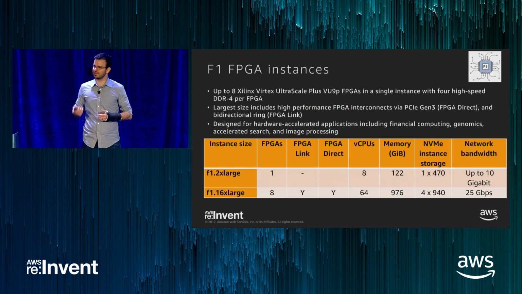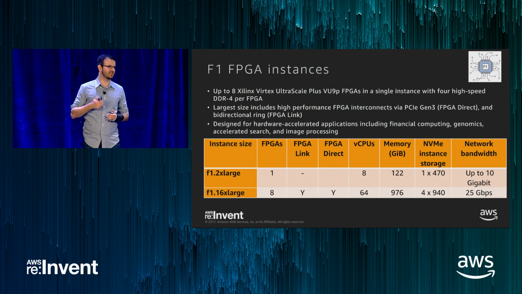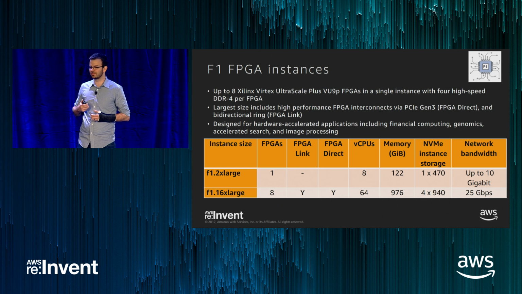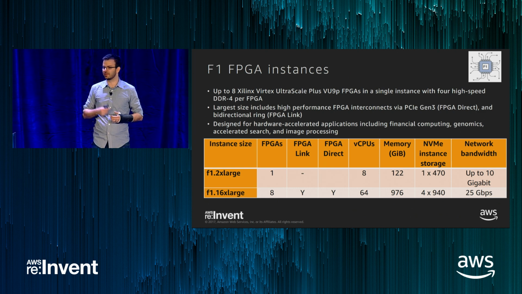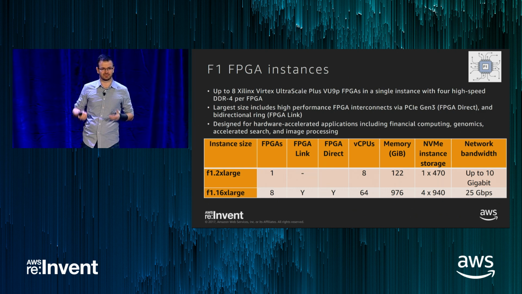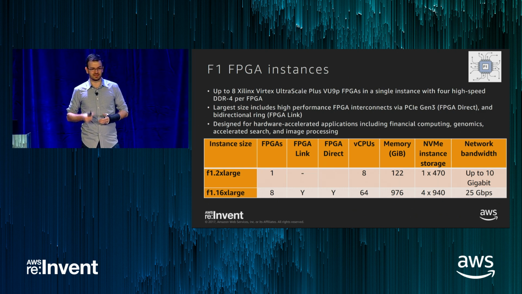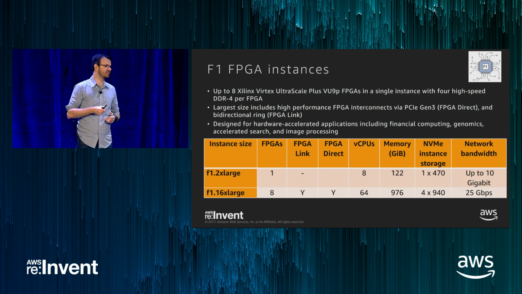But with the F1 instance, you can get an FPGA that's billed by the second, and you can use it for whatever applications that you need. We've seen it used for things like financial computing, genomics, accelerated search, and image processing. And definitely check out the F1 workshop and Chalk Talk that we have to learn how to develop for these F1s to actually improve the performance of your apps.